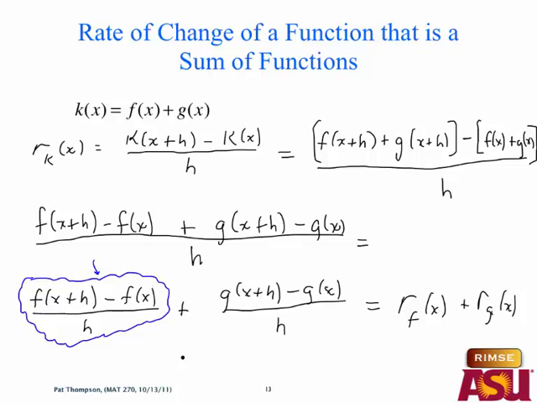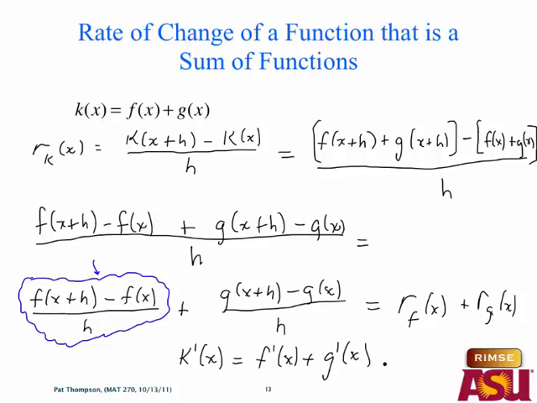Another way to write it would be this way. When you have the sum of functions, you can just find each individual rate of change and add them together. That's what this rule says. And we proved it, right? We did all legitimate, valid algebraic steps to prove that fact.